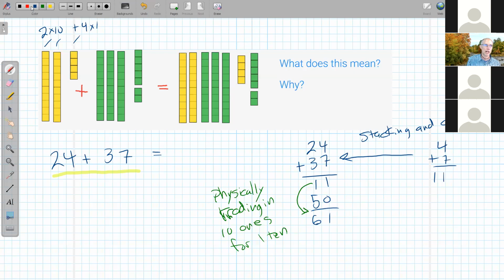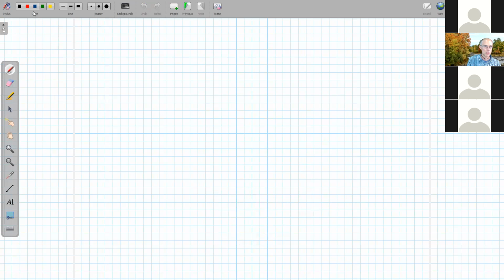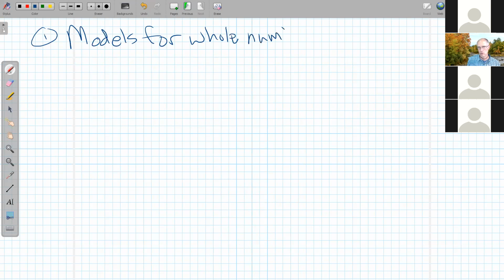So on this screen here, I think I'll just redraw this on a new page. Two big ideas. First one for today is models for whole number addition. And a model is when we model, right?